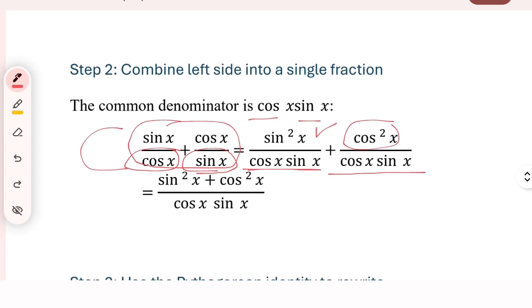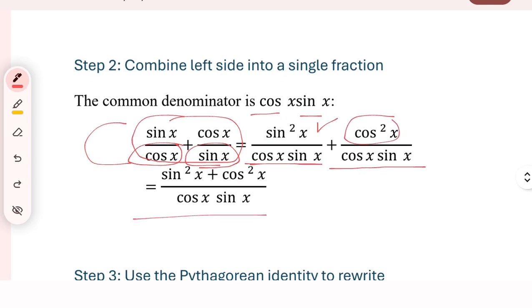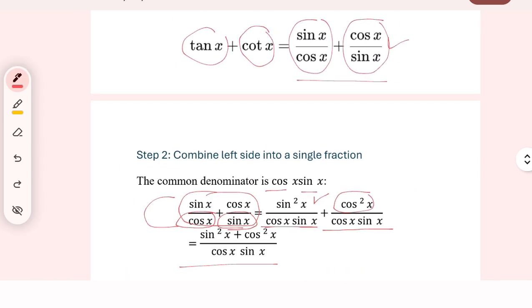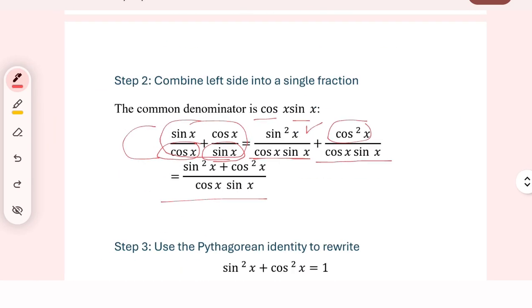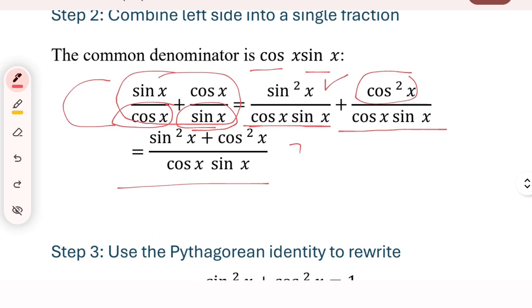Now we have combined it. This is the result when we combine these two: sine square x plus cosine square x divided by cosine x sine x.